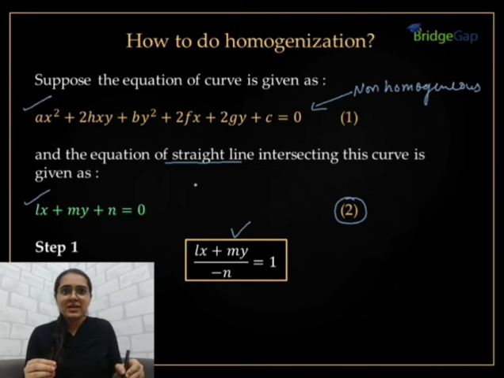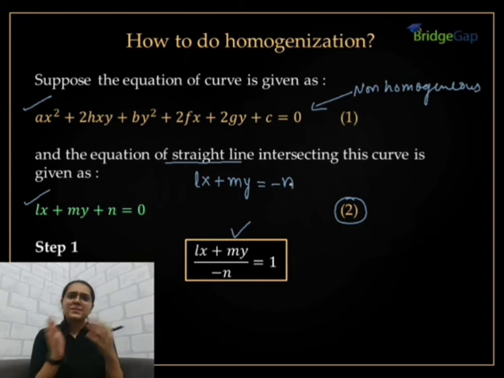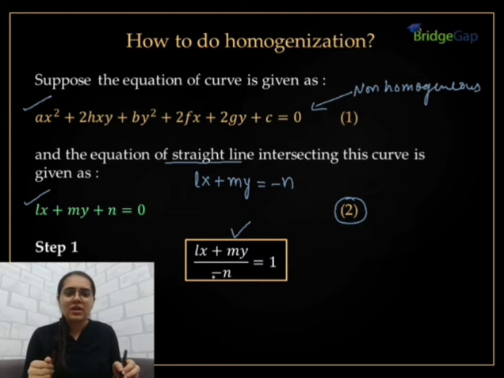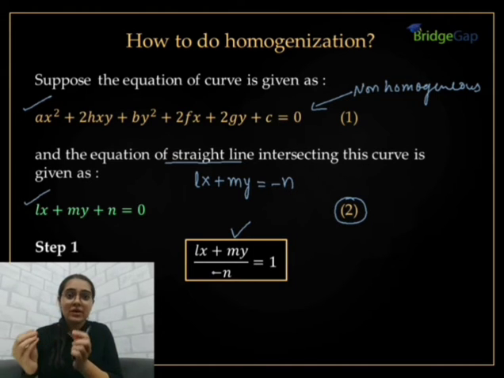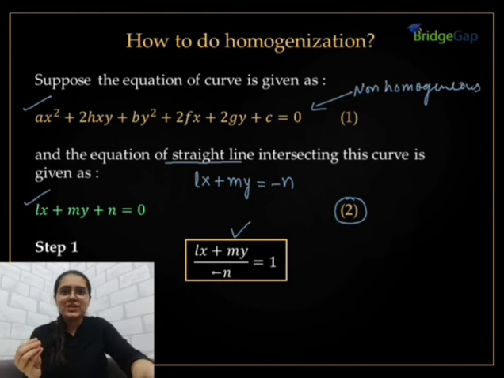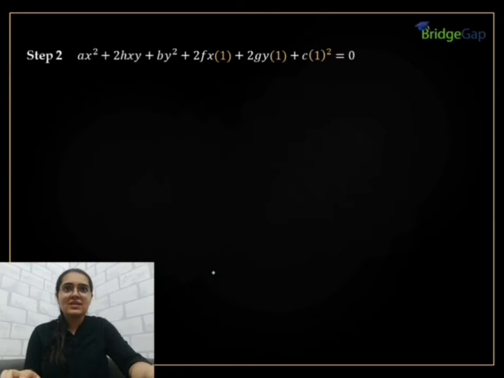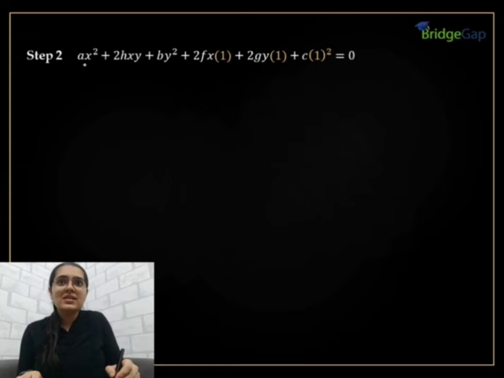So what we do here is, we take the n to the right side and then we divide by minus n and then we get the value of 1. Why do we do this? To homogenize equation number 1. And let's see how we proceed. We rewrite equation number 1 as this. It's the same equation.